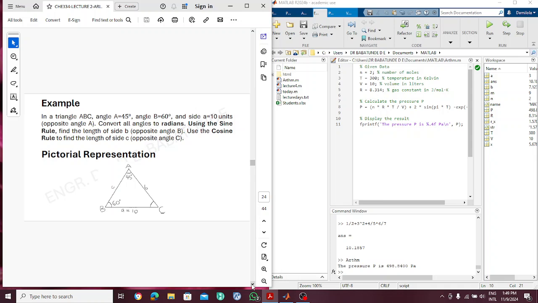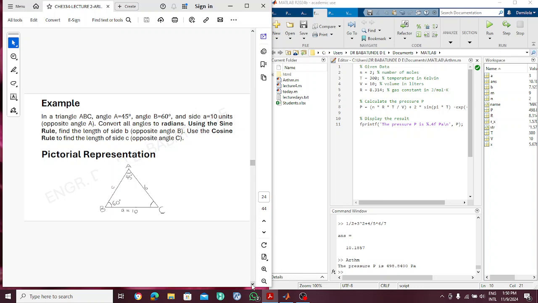Then you are told that the side that is facing angle A is 10 units, and you are expected to find the side that faces angle B using the sine rule. You are expected to find the side that faces angle C using the cosine rule.